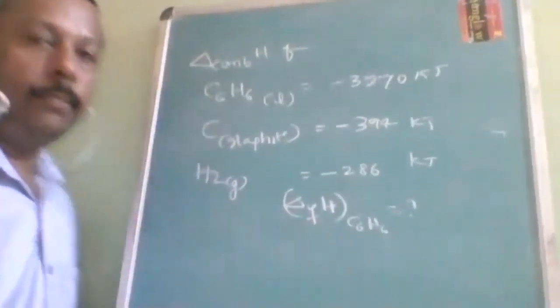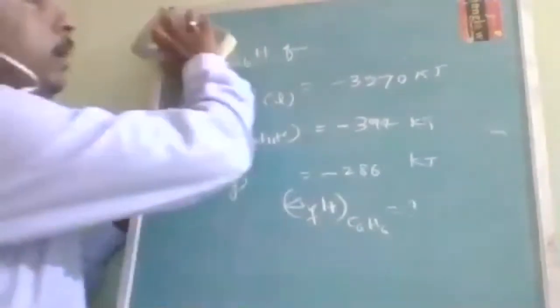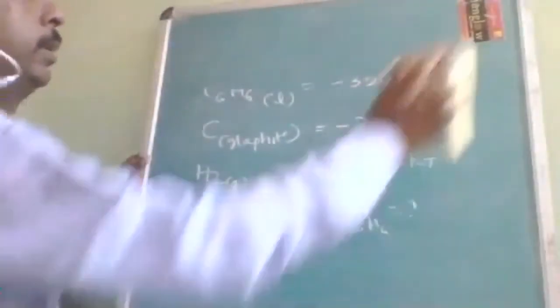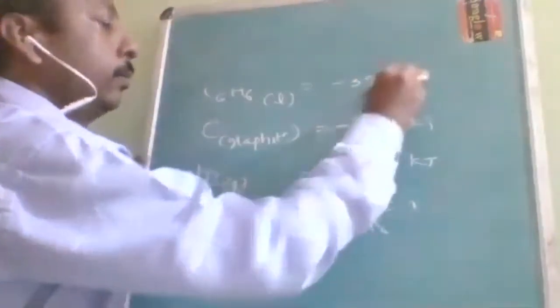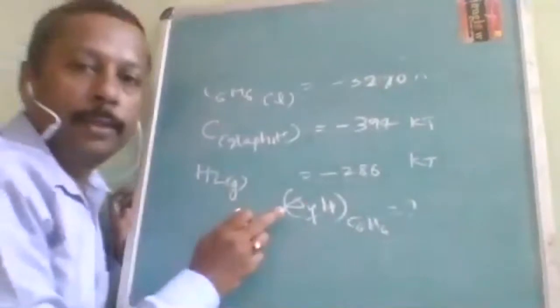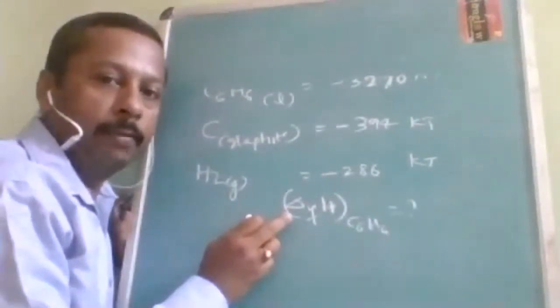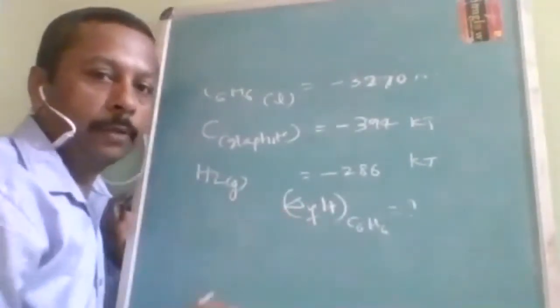So this is a rare combination of enthalpy of formation and enthalpy of reaction. Understood? Here we should be perfect in writing the sentence into equation form.